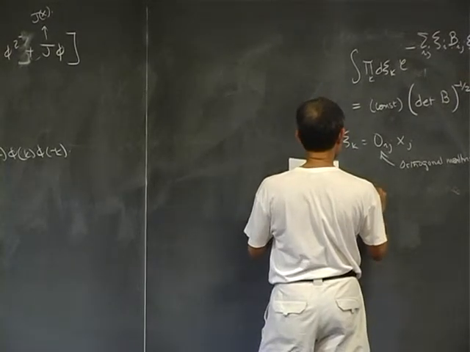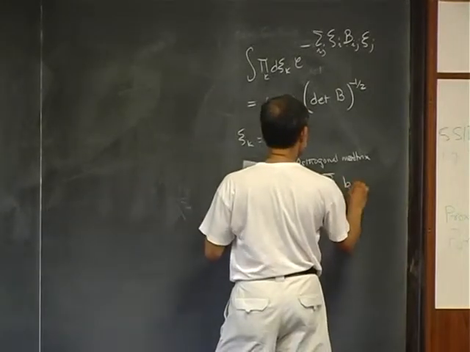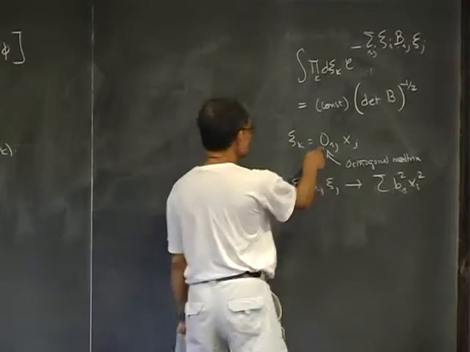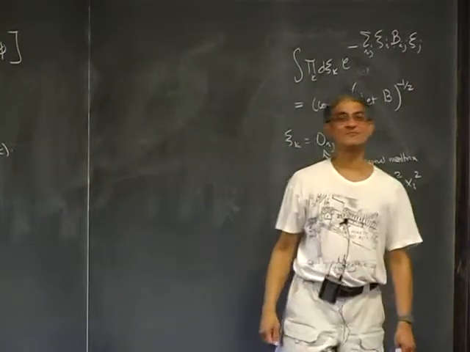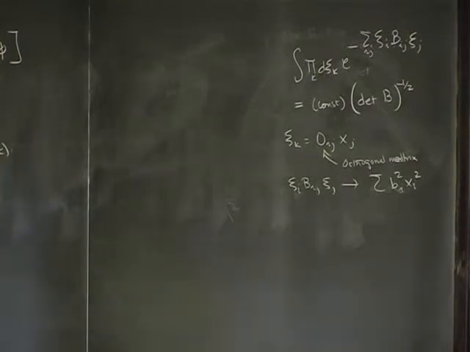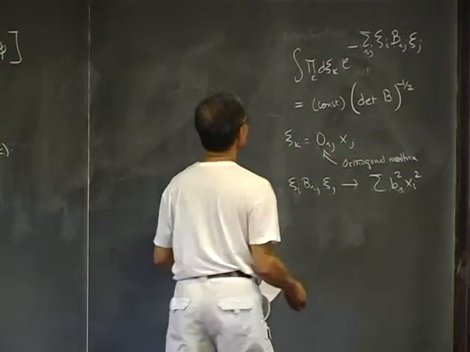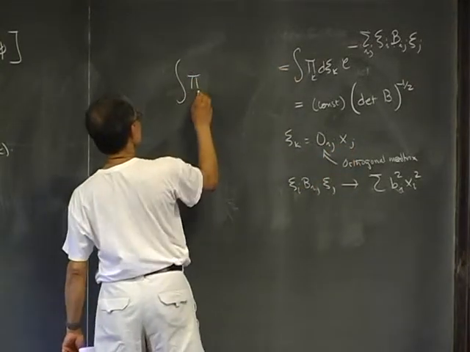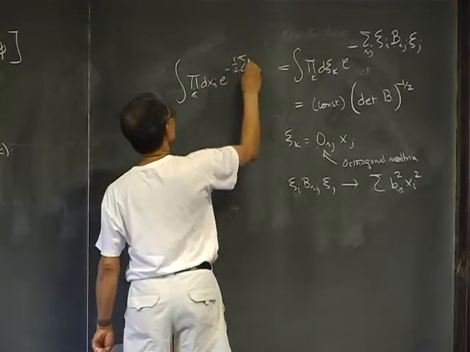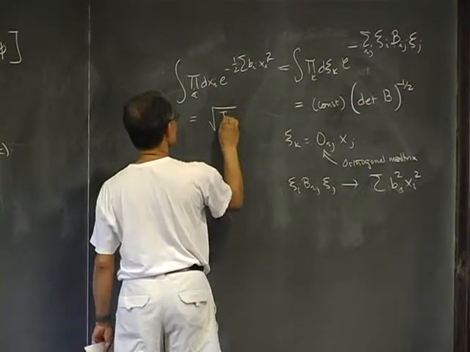So psi i Bij psi j just becomes Bi xi square. This is an orthogonal transformation. So the Jacobian of that orthogonal transformation is just 1. So I can go from variables xi to the variables x. So this integral just becomes integral dxi e to the minus Bi xi square, and you all know how to do this integral.